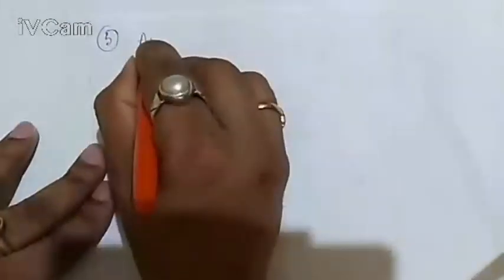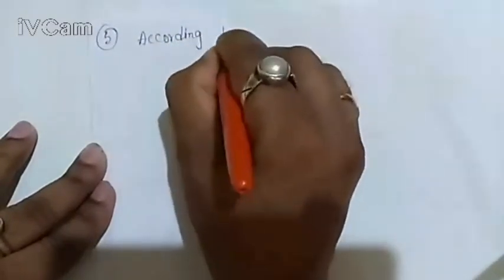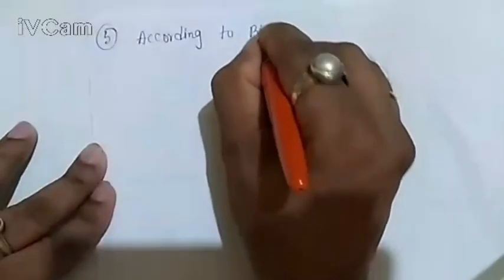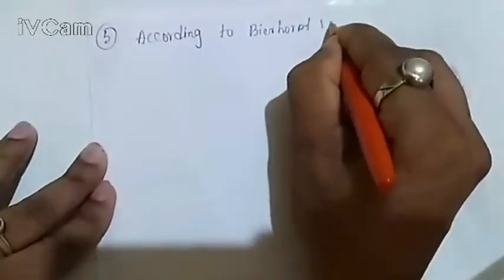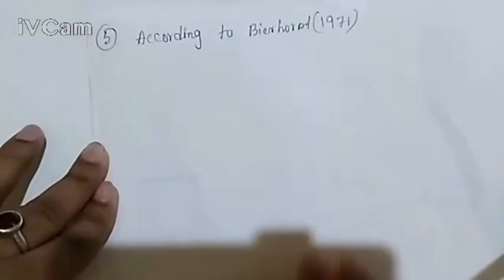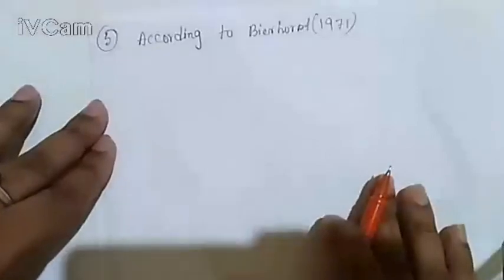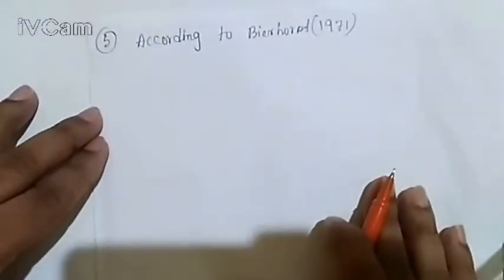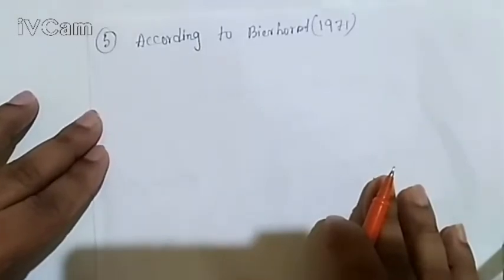According to the most important scientist, Bayer-Host, in 1971, you know, this year is close, this year is recent, approximately. So he described the trilobed sporangium as representing three separate sporangia.